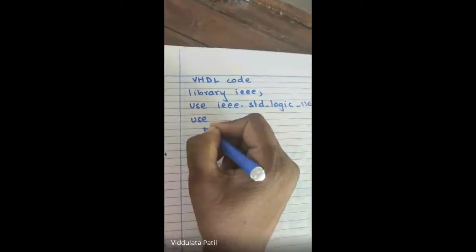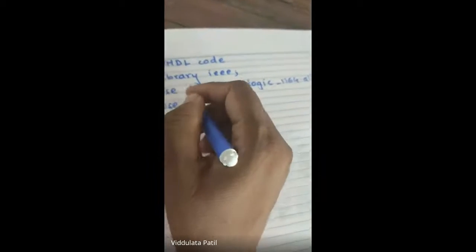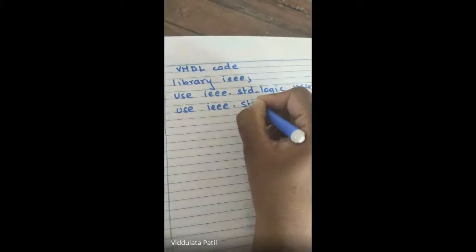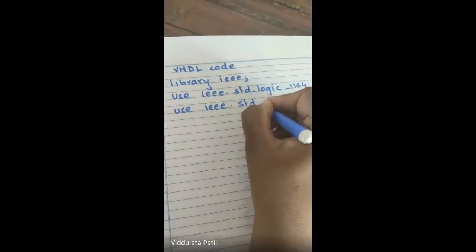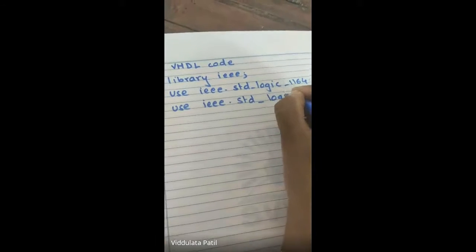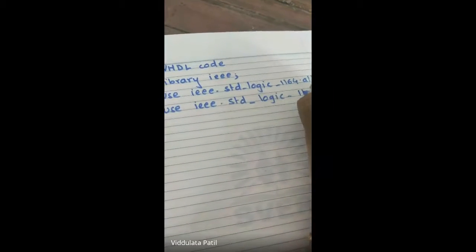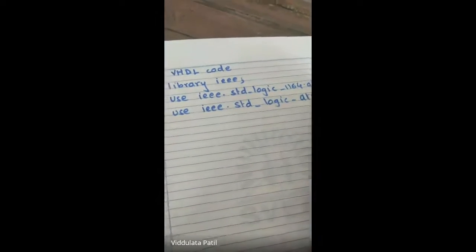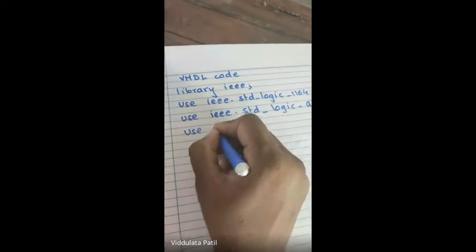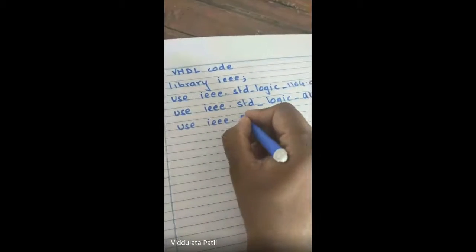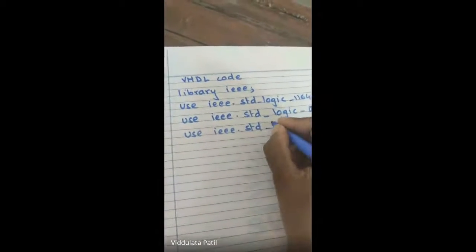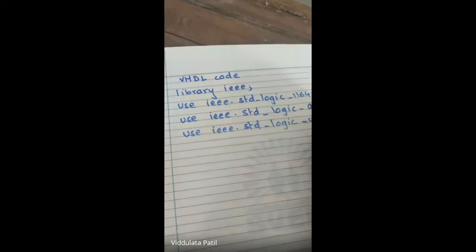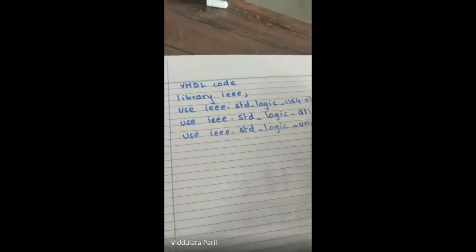We are going to add the arithmetic package as well as the unsigned package. So use IEEE.std_logic_1164.all, then use IEEE.std_logic_arith.all, then use IEEE.std_logic_unsigned.all.